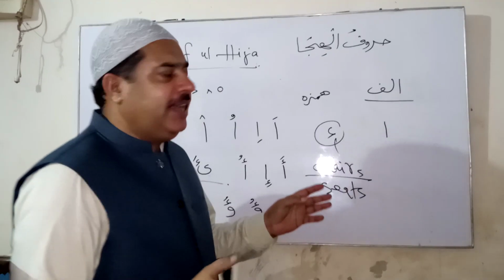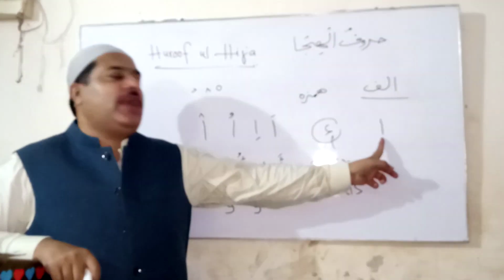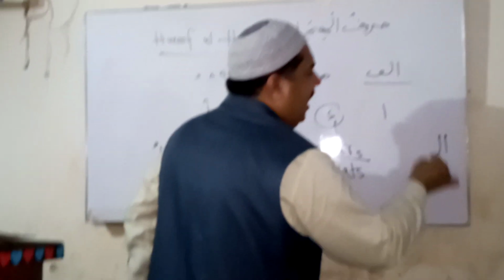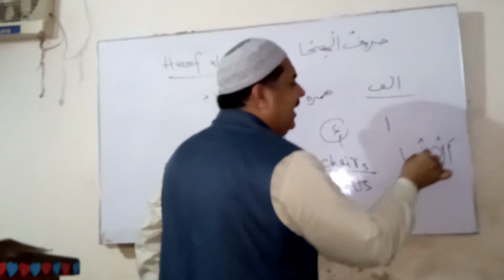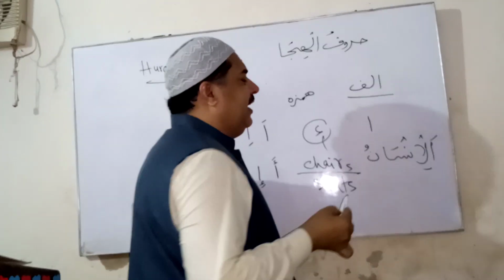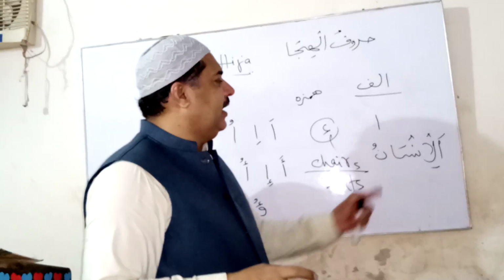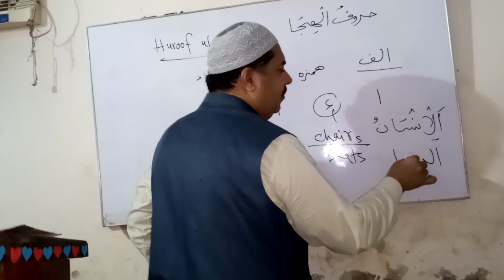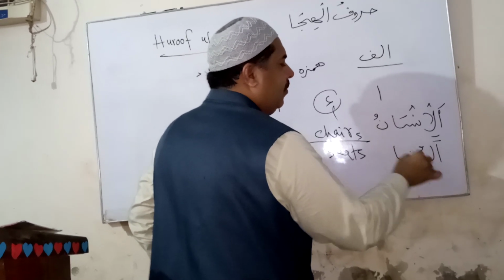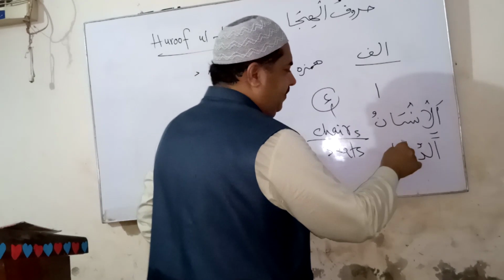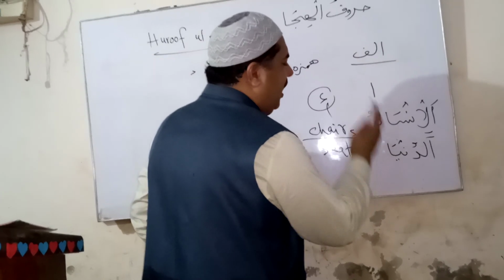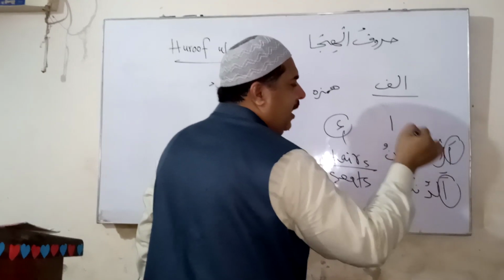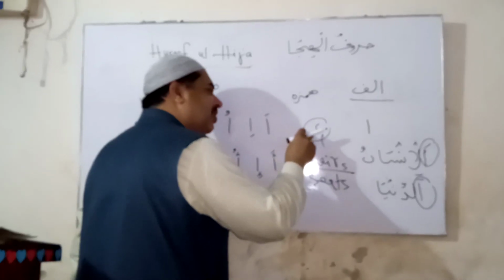However, this is the difference. Again, I may repeat this. Alif, when there's no harkat over it, is called alif. Like al-insanu, ad-dunya. This alif is given no harkat, it is considered alif. While when these are given harakat, they are considered Hamza.